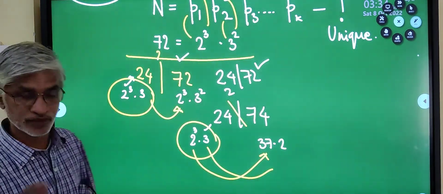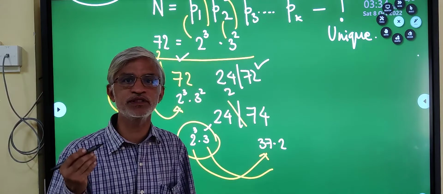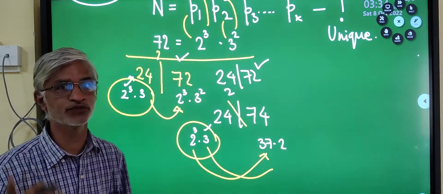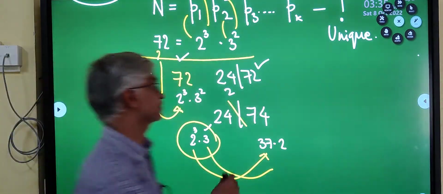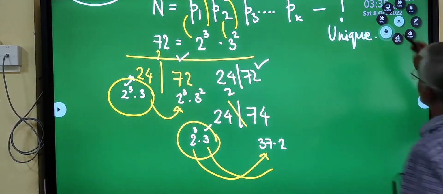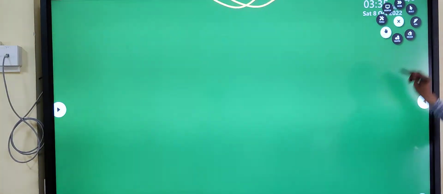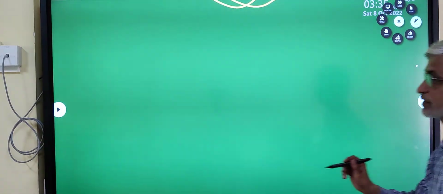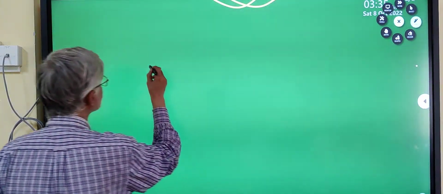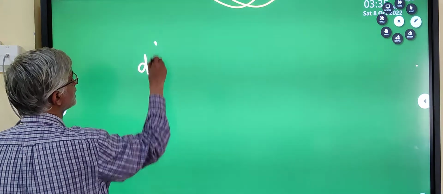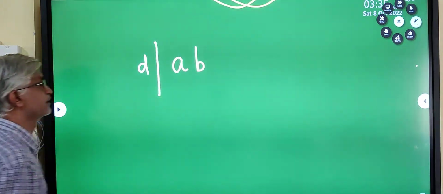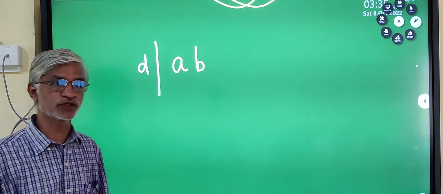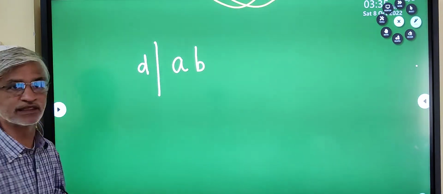So let me give you one more simple number theory fact that we use, which is based on thinking like this. So here is a fact that we should use quite often. So I'm just going to state it. So for example, if somebody says that a number d divides AB, the product of two numbers, so AB is divisible by d.